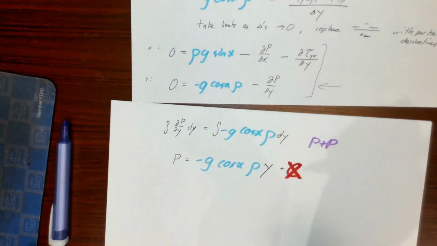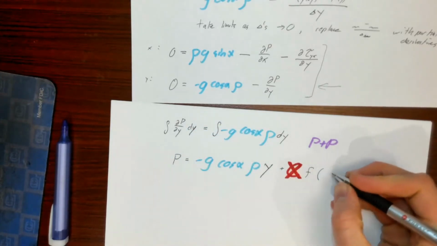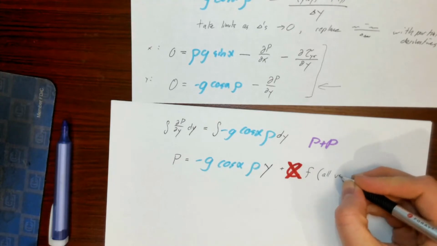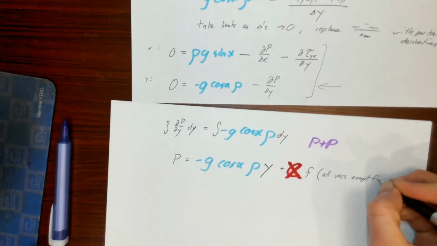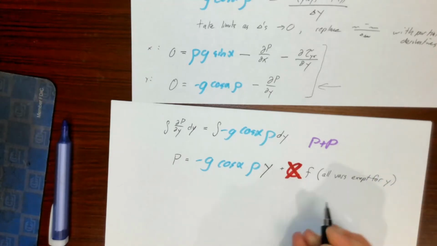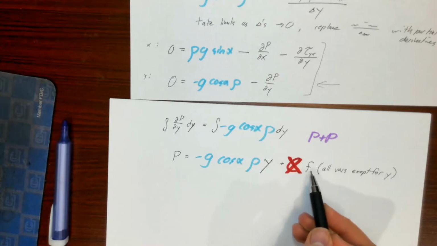So what you get is not plus c, but plus a function of all variables except for the one that this was a partial derivative with respect to. And this function is something that's as of yet unknown.